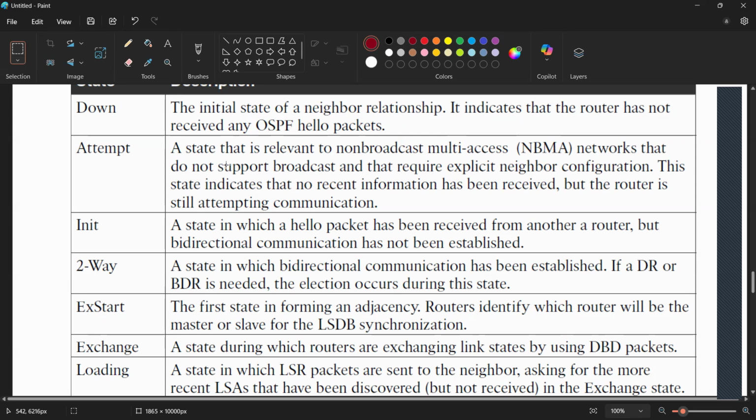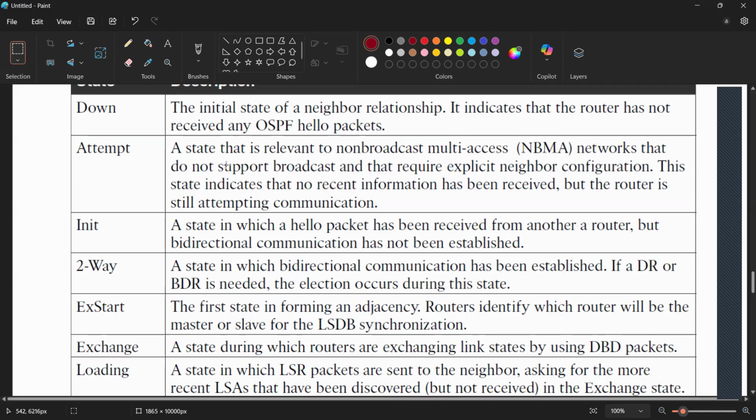Okay. Any other state you have a doubt? When the hello packet contains? If R2 is sending hello packet, so R2 will have the router ID of R2 only.